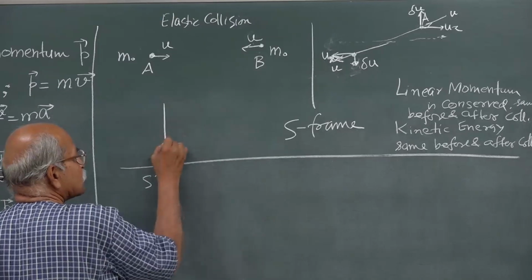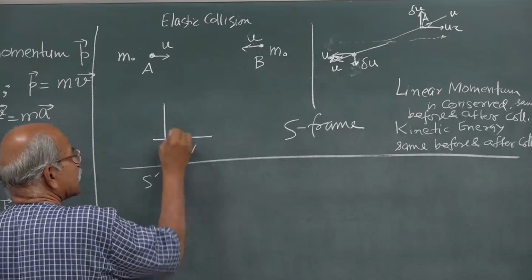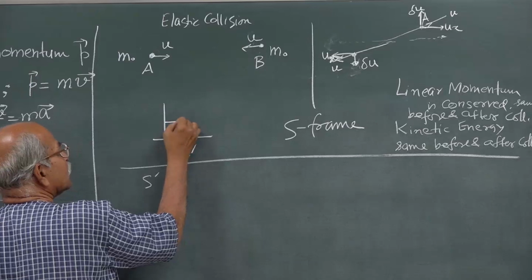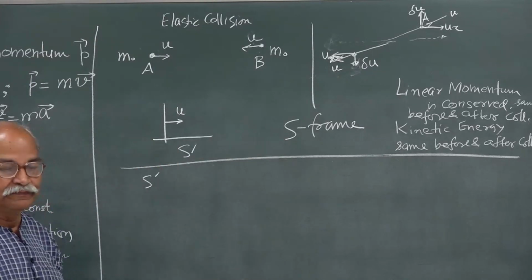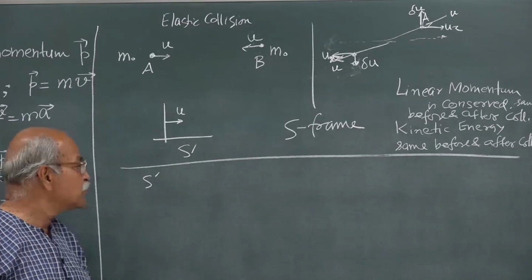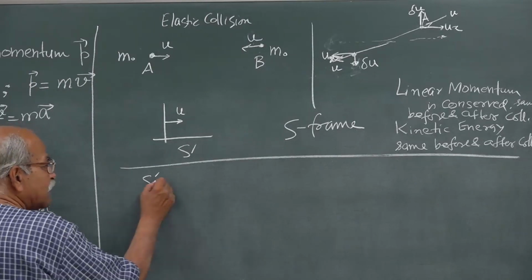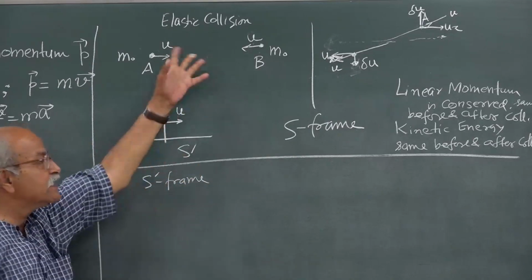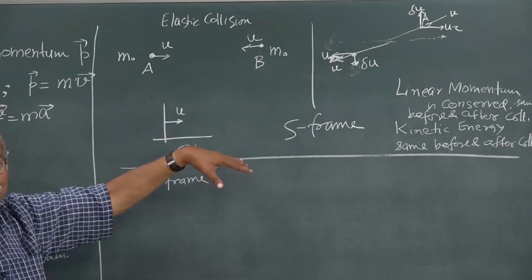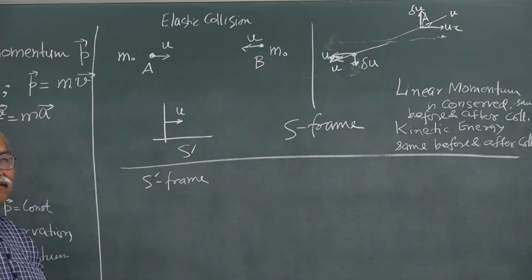So, if this is S, this is S prime, which is moving with respect to S with a speed u. So, in this S prime frame, what will be the situation? What are the velocities before the collision and after the collision?